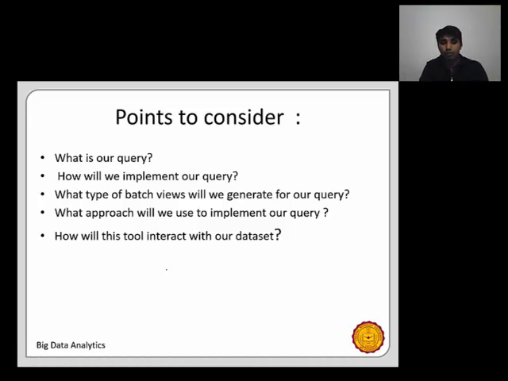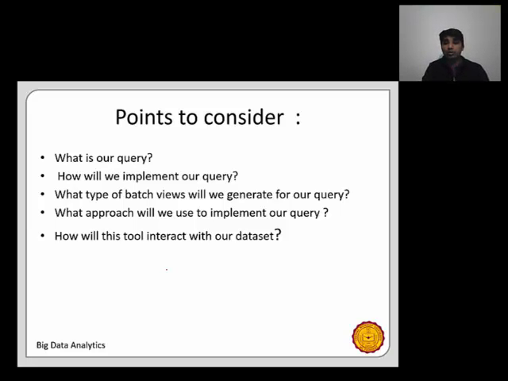Basically I'll be talking about my second part, which is the query part. In this I'm going to consider some points: what is my query and how I'm going to implement it, what type of batch views will be generated for our query, and what approach I'm going to use to implement my query.